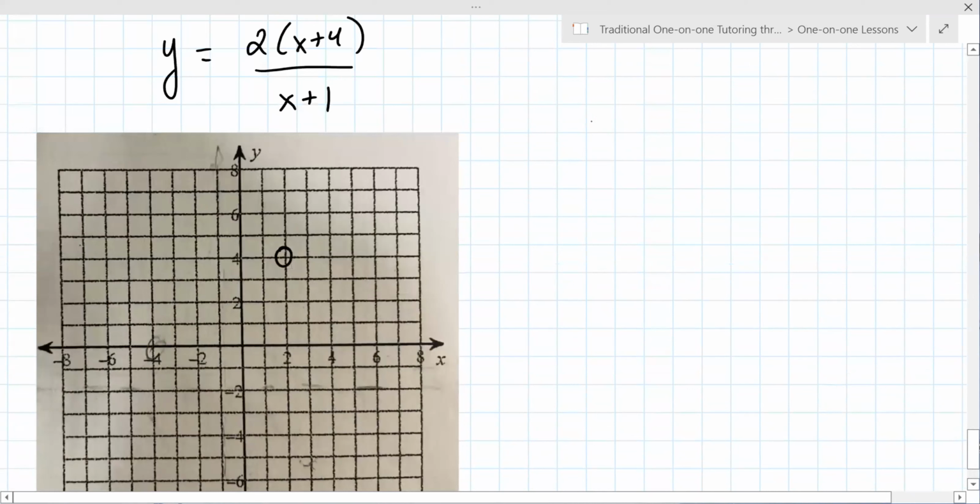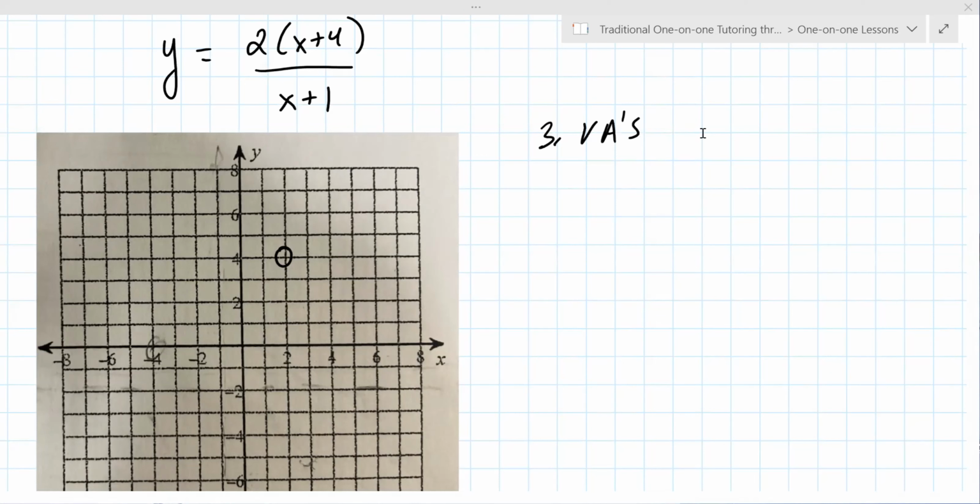All right, third thing is vertical asymptotes. So use that reduced form. Let me know what you come up with for your vertical asymptote, please. x equals -4.